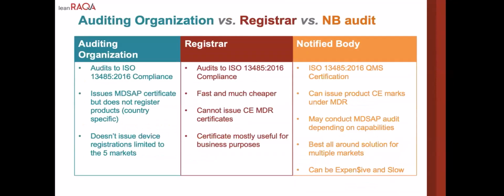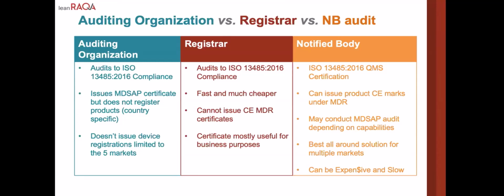It's also important to know, before you decide to get an ISO 13485 certificate, what purpose do you need that certificate for, and who do you need it for? There are different types of organizations you can get one from. There is an auditing organization. We'll talk about MDSAP next. An auditing organization audits to ISO 13485 compliance.